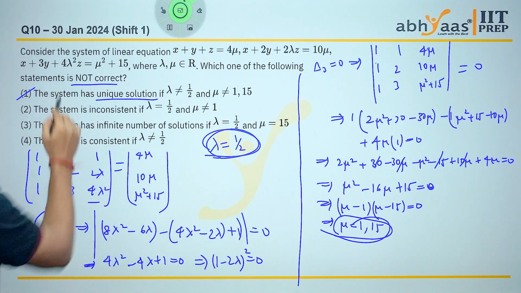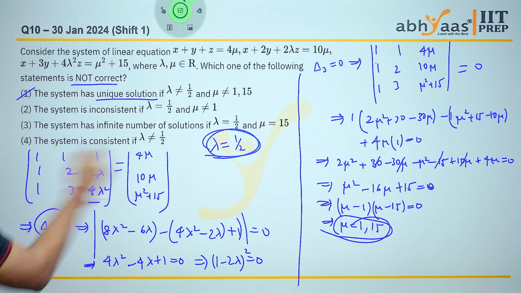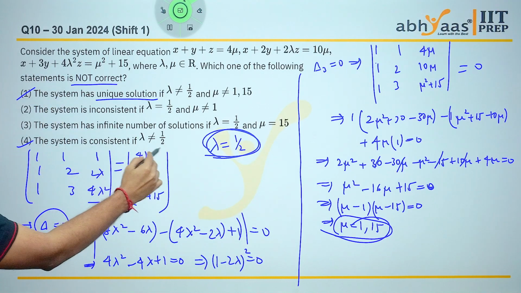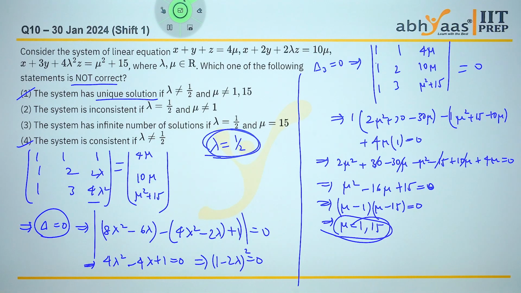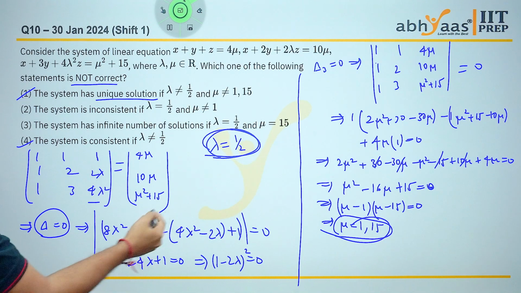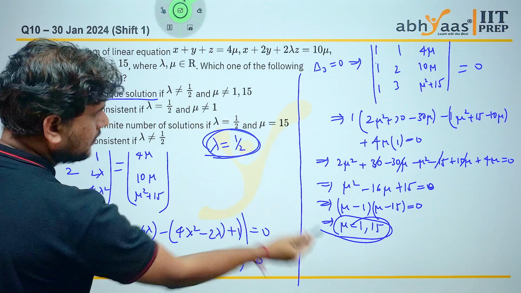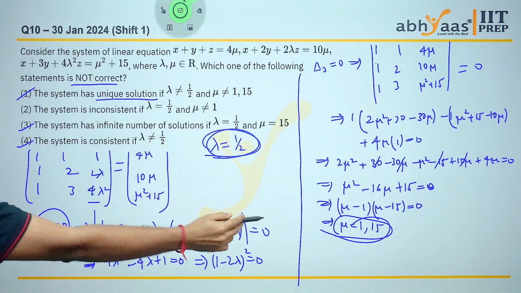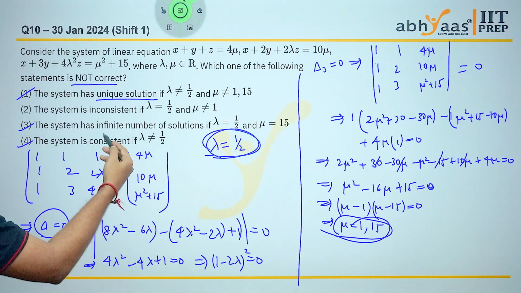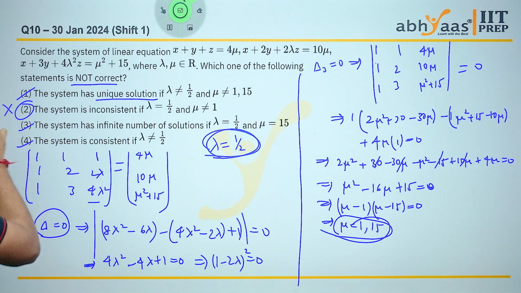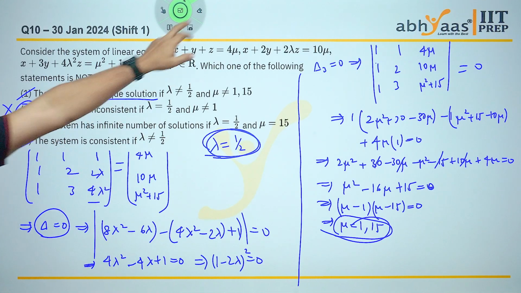So this is true, and this is also true. System is consistent for lambda not equal to 1 by 2. Okay, for lambda equal to 1 by 2 and mu equal to 15, there will be infinite solutions. We just did that. So this is the wrong option. So there we have it. Okay.